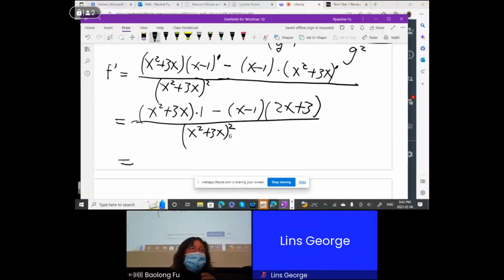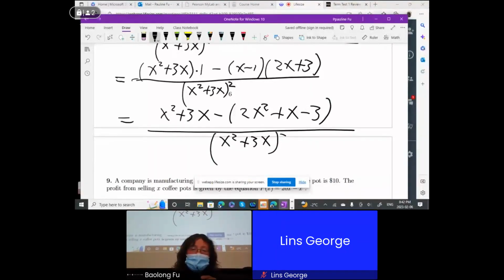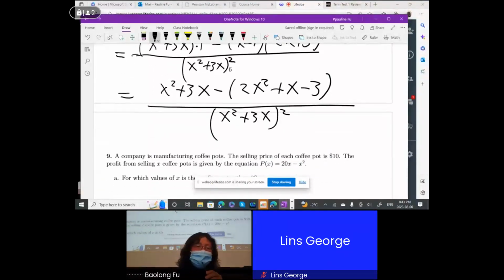Now continue, simplify the numerator. Continue, take away the brackets for the numerator.